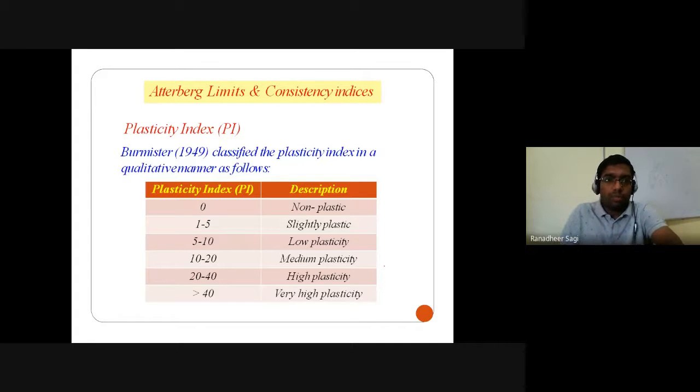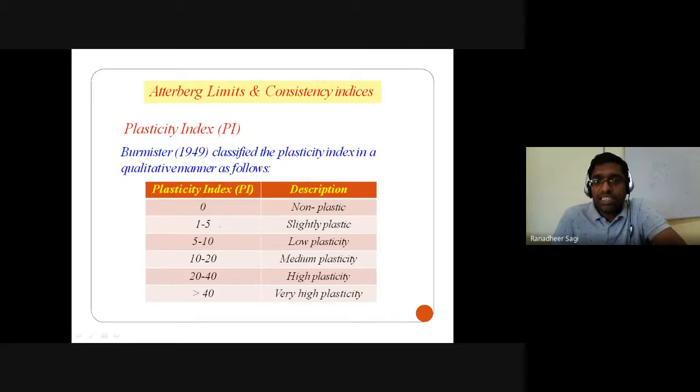According to Burmister, based on the plasticity index values we get for a soil, we categorize that soil as non-plastic, slightly plastic, low plastic, medium plastic, high plastic or very high plastic. If the plasticity index value we calculate is around 0, we call that soil non-plastic.